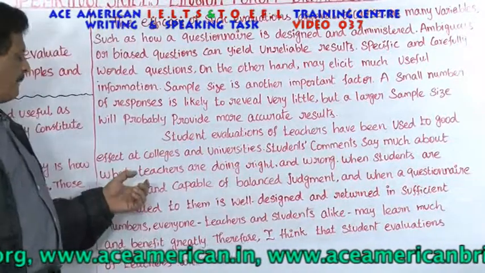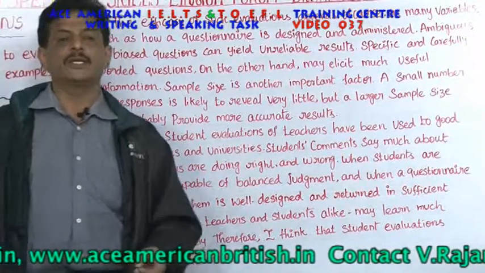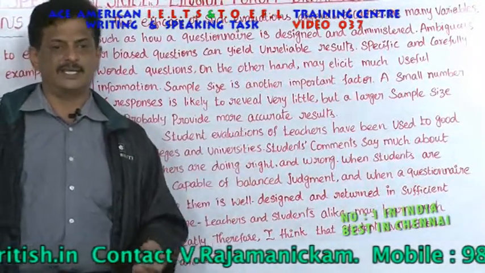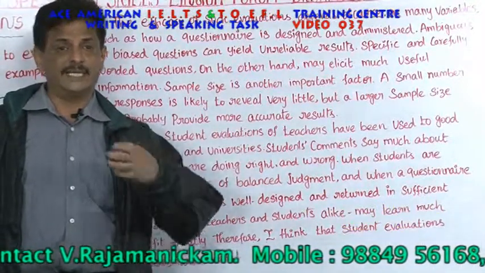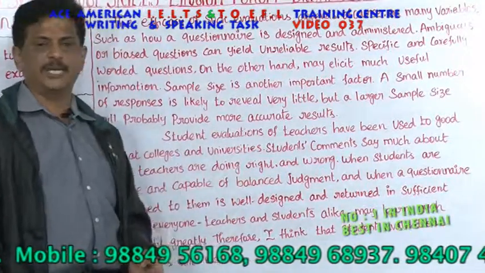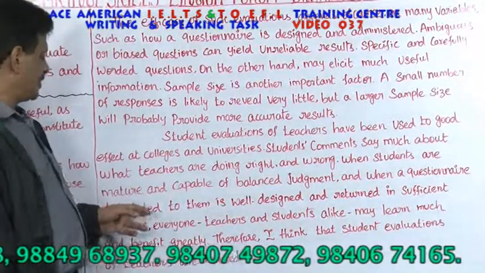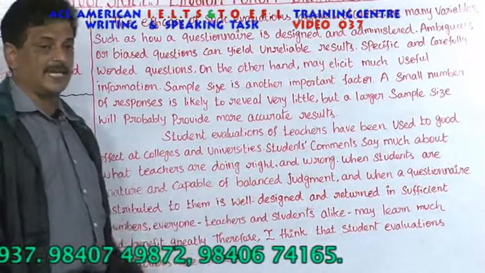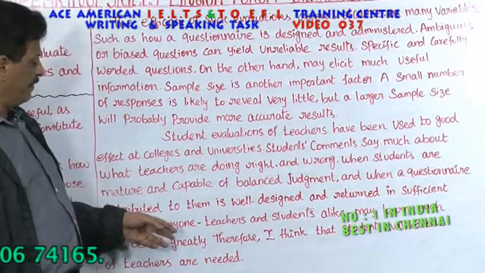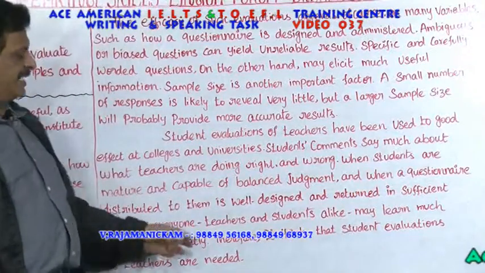When students are mature and capable of balanced judgment. What is balanced judgment? The student shouldn't be biased. Only the grown-up students, with their mental growth and maturity, will be able to give a proper judgment, and not very young children. And when a questionnaire distributed to them is well designed and returned in sufficient numbers, everyone, teachers and students alike, may learn much and benefit greatly.